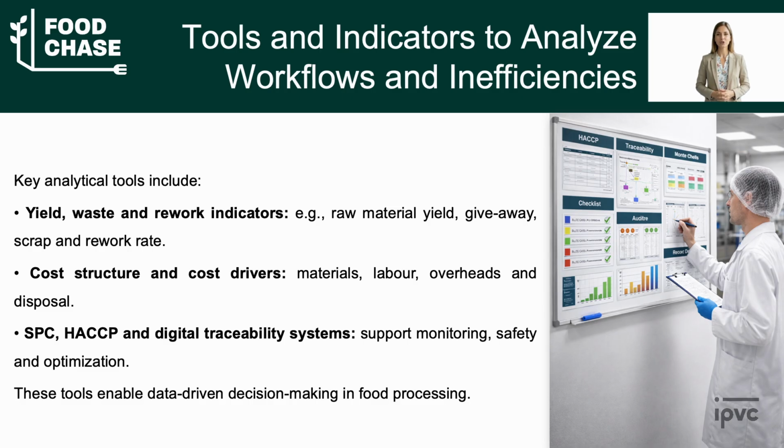Yield, waste, and rework indicators link production efficiency directly to material costs, particularly in processes where small percentage improvements generate substantial savings. Cost structure analysis helps identify cost drivers related to materials, direct labor, manufacturing overhead, and waste disposal. Additional tools such as statistical process control, HACCP, and digital traceability systems support monitoring, safety, and optimization. Together, these tools enable data-driven decision-making in food processing environments.